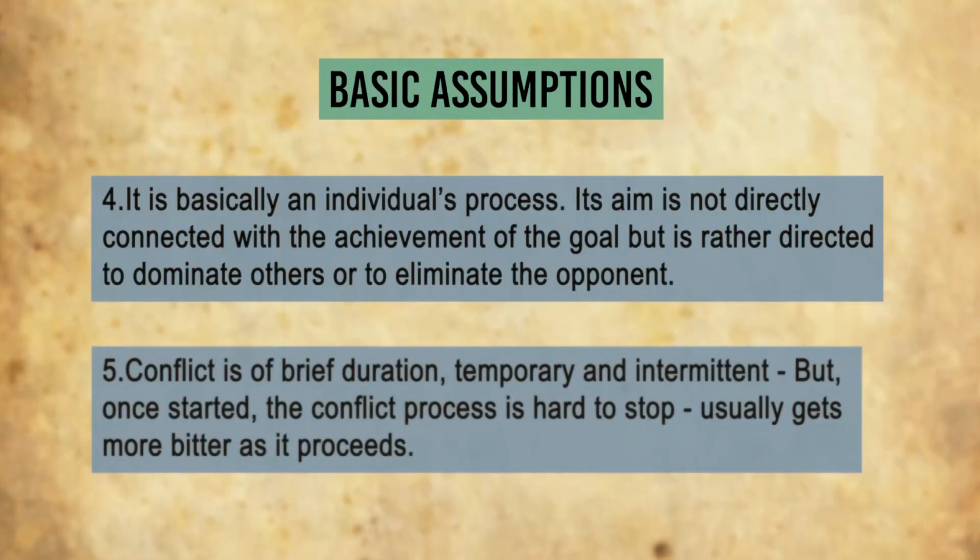Firstly, it is for dominating others and in the process maybe eliminating the opponent. Fifthly, conflict is of brief duration. It is temporary and it is intermittent. But once started, the conflict process is very difficult to stop. It usually gets more bitter as it proceeds.